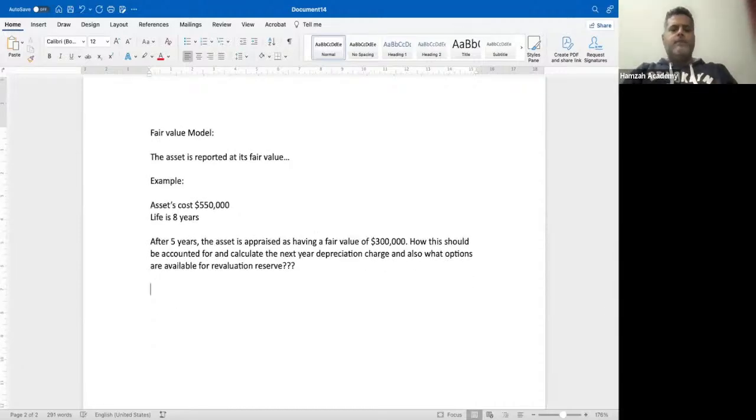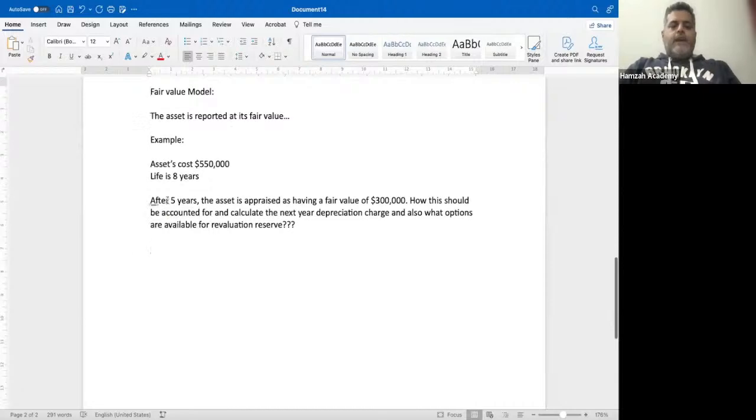So we'll talk about this as well. Now, the rule is simple: we have the value of the asset after 5 years. First, calculate the carrying value of the asset at the end of year 5, divided by 8 into 5.